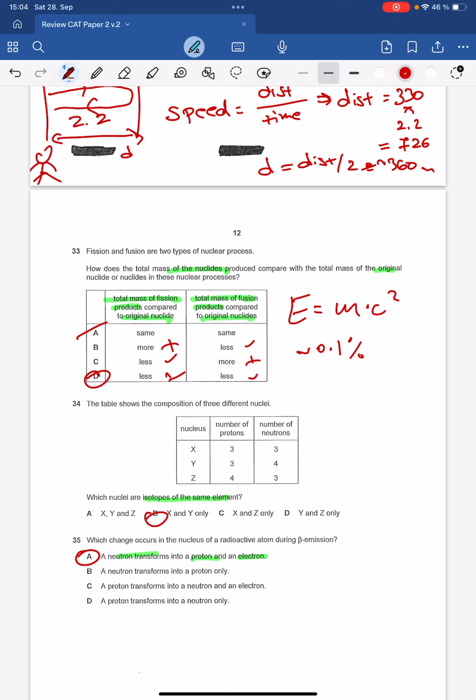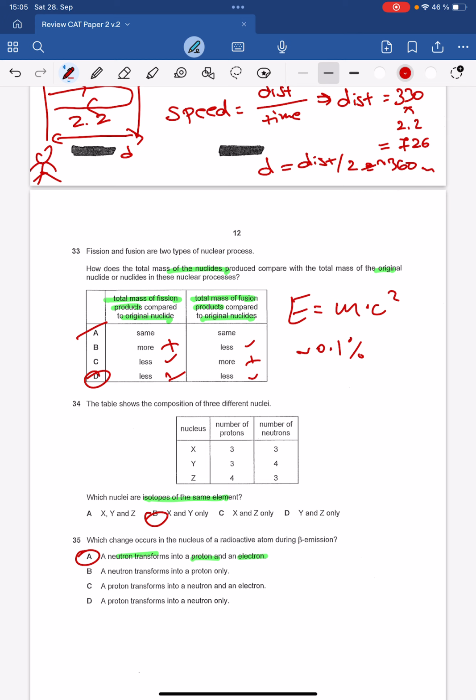Remember, everything depends on the equation E equals mc squared, which means you can convert the smallest amount of mass into a huge amount of energy due to the multiplication of the tiny mass with c squared, which is a huge number.